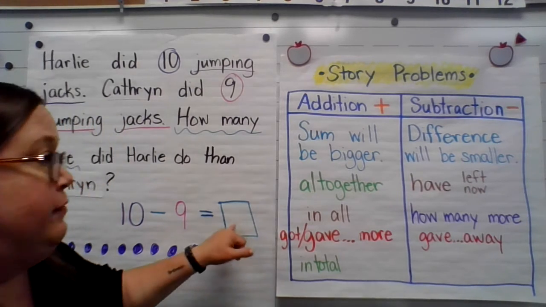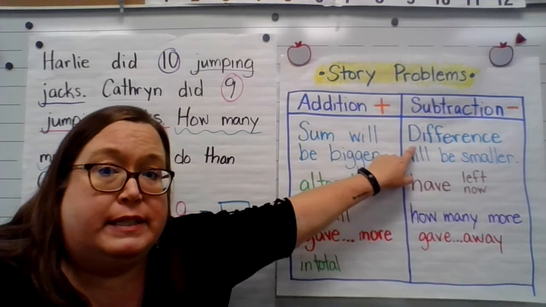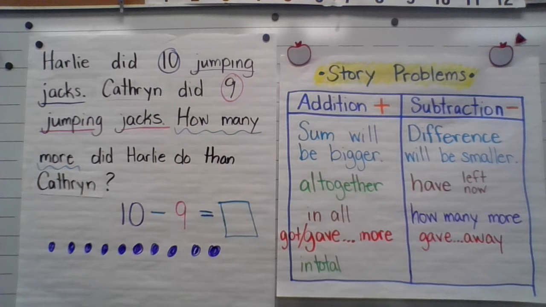I want to find out the difference. Remember the difference? So I'm going to draw 9, and I'm going to draw them right underneath here so I can easily tell the difference. 1, 2, 3, 4, 5, 6, 7, 8, 9.